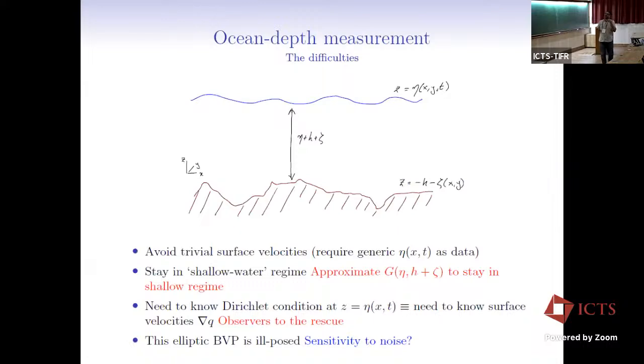Okay, so let me go back to the list of difficulties. Avoid trivial surface velocities. So we're just going to have to assume the data is nice and generic. Stay in the shallow water regime. The interpretation of that statement is now approximate the original Dirichlet-Neumann operator by an operator that is suitable in the shallow regime.